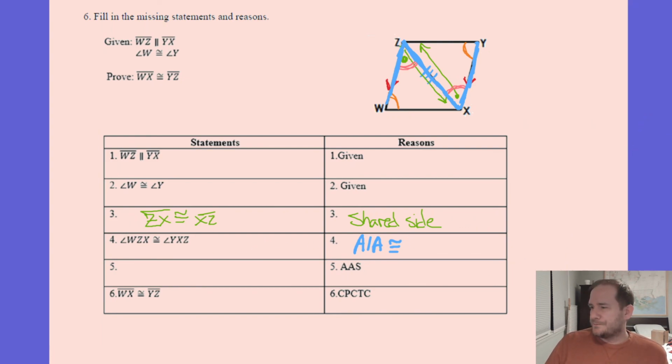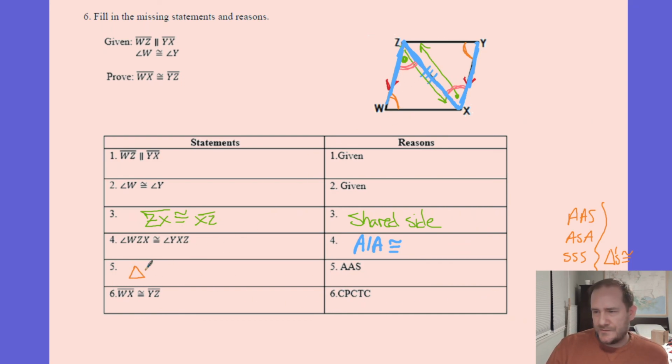So now finally, you just have to figure out the statement that goes with AAS. AAS, ASA, side-side-side, and side-angle-side are all reasons why triangles are congruent to each other. That's the only thing. So you know that line 5 must be the line where we state that the triangles are congruent.